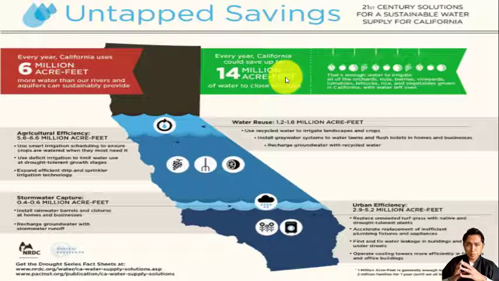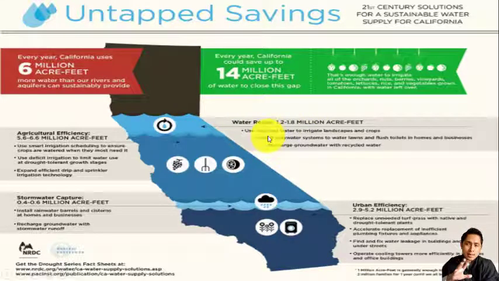This 14 million acre feet of water can be produced from these techniques and used for cultivation of other fruits, vegetables, and trees which they could have planted but could not, because California is already using 6 million acre feet more water than they have. So 14 million can be produced if we follow demand and supply management regimes.